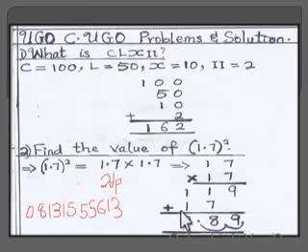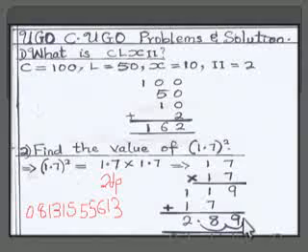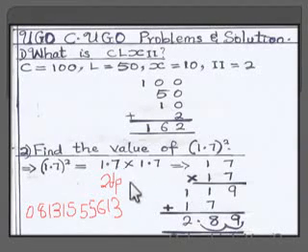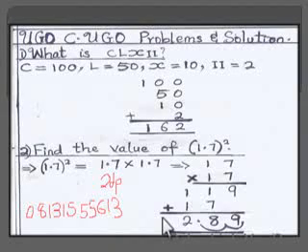Now it's time for us to add. In addition, you bring down this one, 9. 1 plus 7, 8. 1 plus 1 is 2. Now the final result will be coming from the decimal places. As we said initially, we have 2 decimal places, and we shall put down the answer as follows.